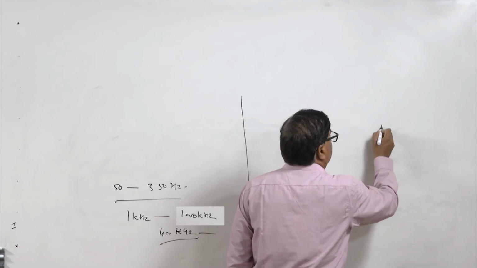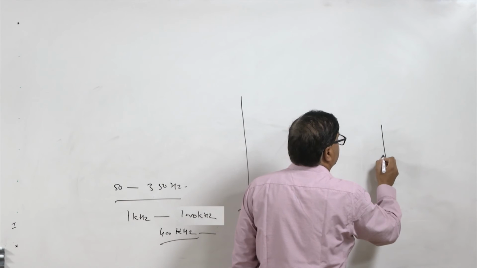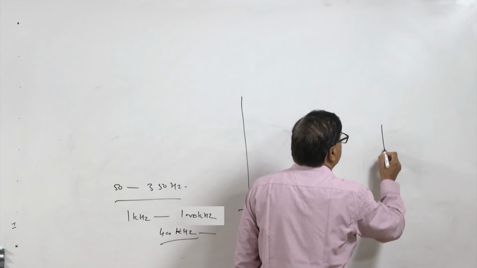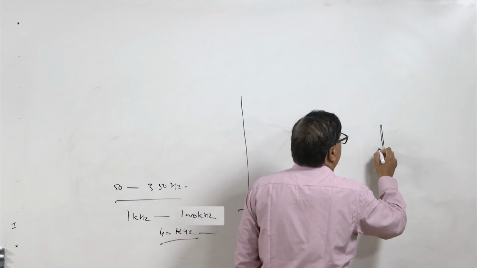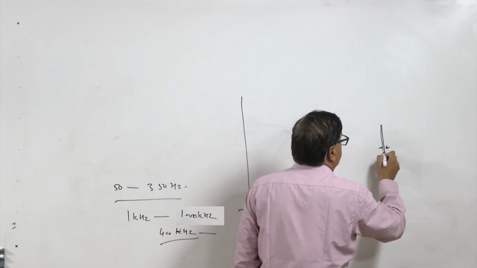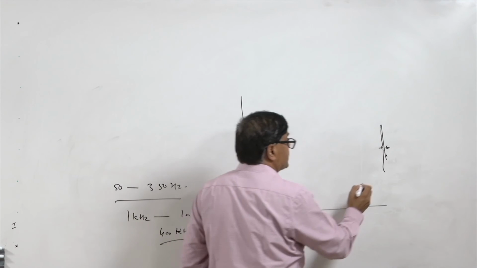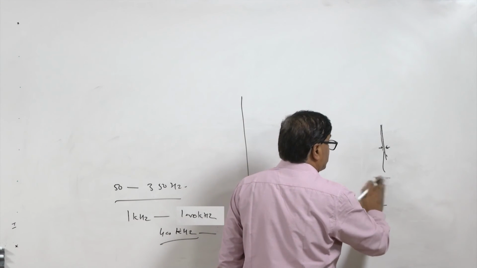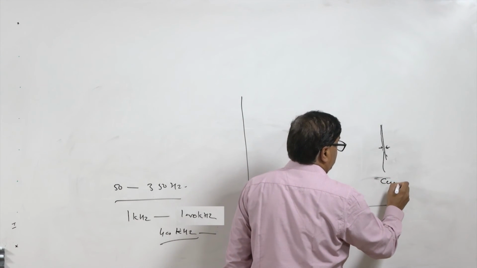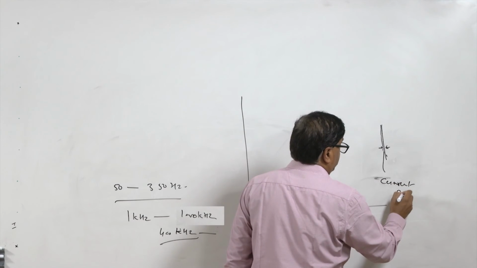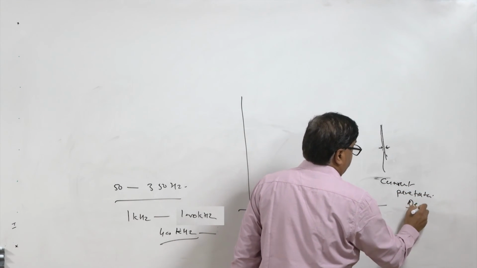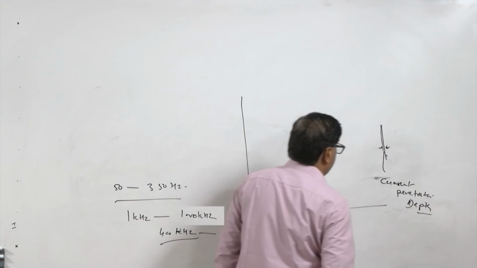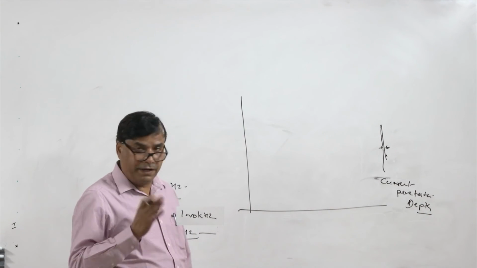Like if the current is generated here, then it will be able to penetrate over a very small depth, and this depth varies significantly. This is called current penetration depth, and this depth is found inversely proportional to the frequency of the current.